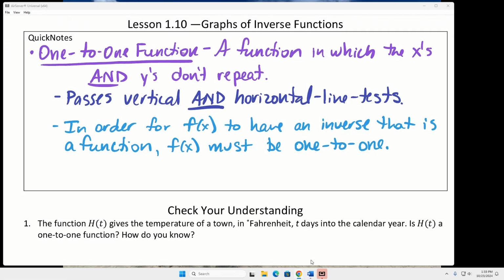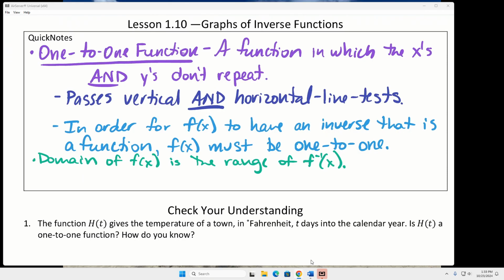And the last thing is that the domain of f of x is the range of f inverse of x. And that's because you switch x and y.